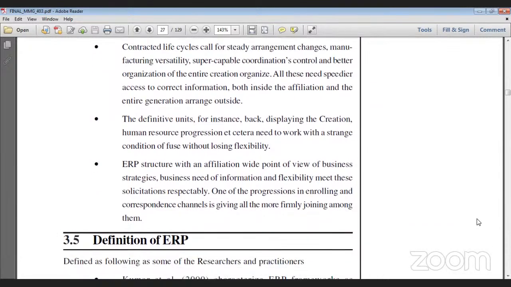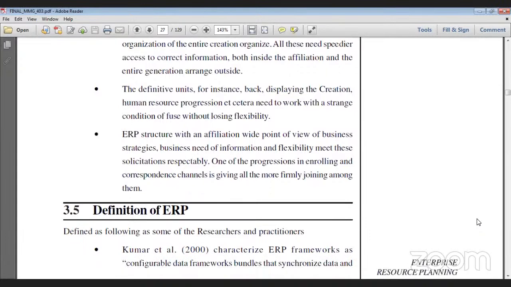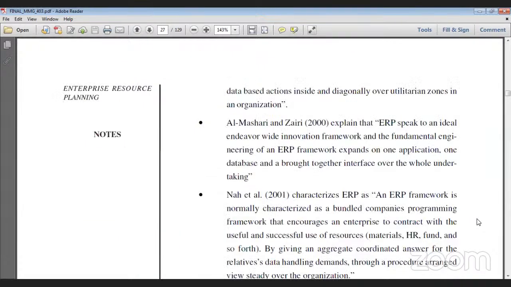Then here point number 3.5, definition of ERP. Various definitions are given here of ERP, such as Kumar et al. in 2000 characterize ERP frameworks as the configurable data frameworks bundle that synergizes data and the database action across alteration zones in the organization.